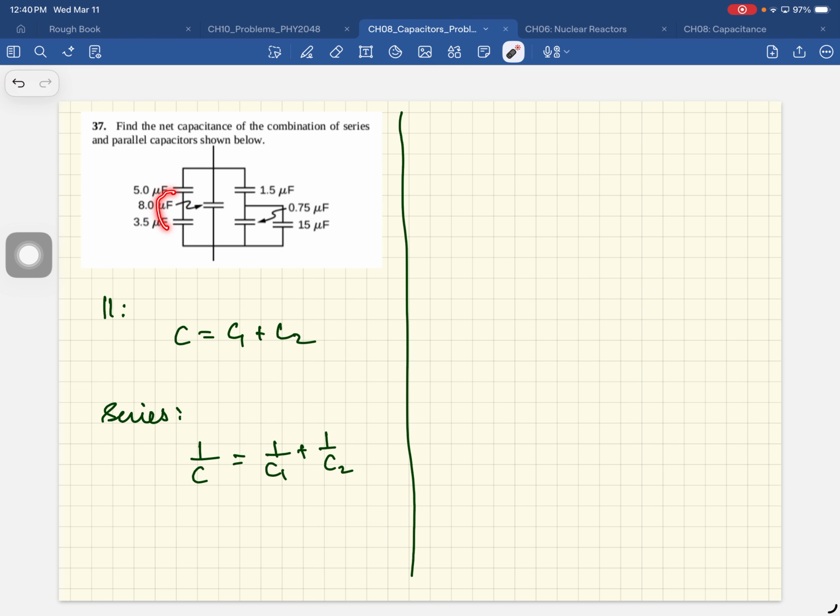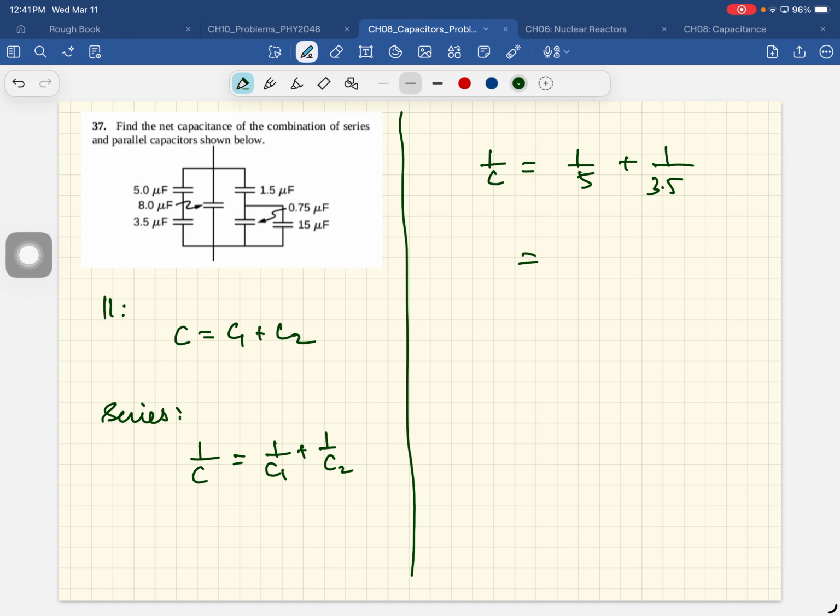These two, okay, so let me add those two. 1 over C equals 1 over 5 plus 1 over 3.5. And we'll keep everything in microfarads. If this is in microfarads, that will be in microfarads. So this is equal to 5 times 3.5 over 8.5.